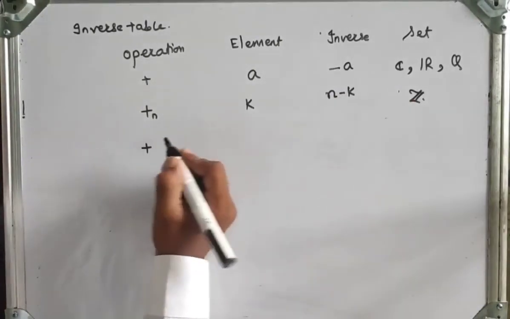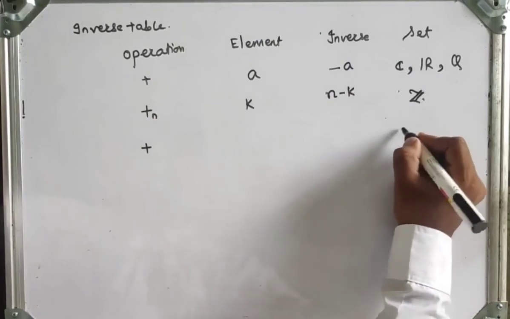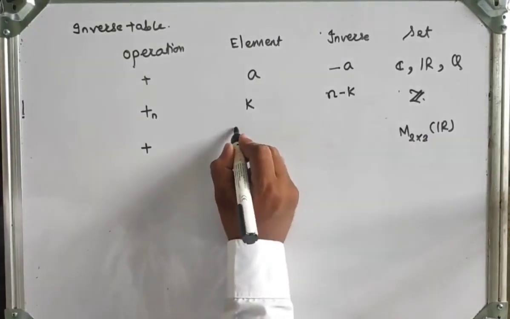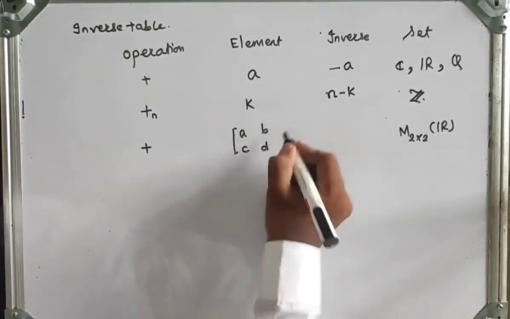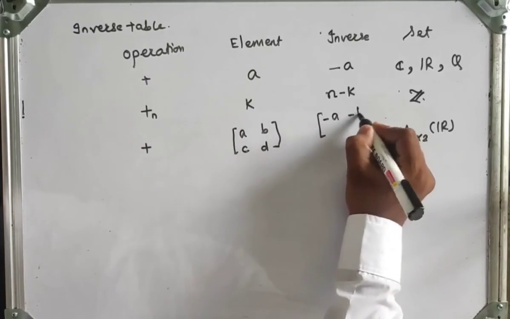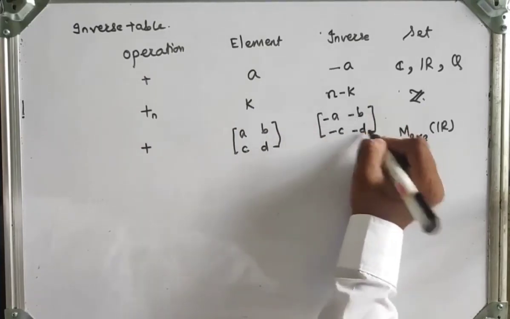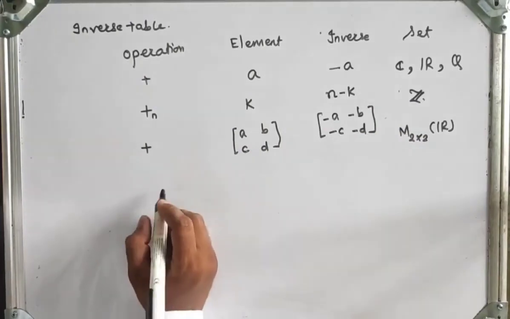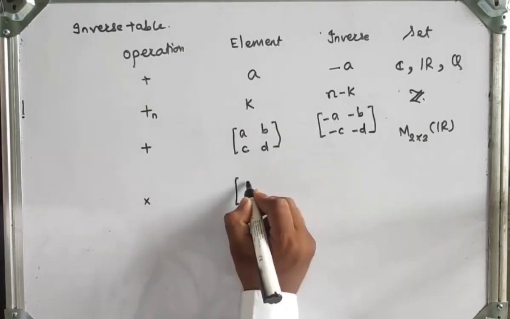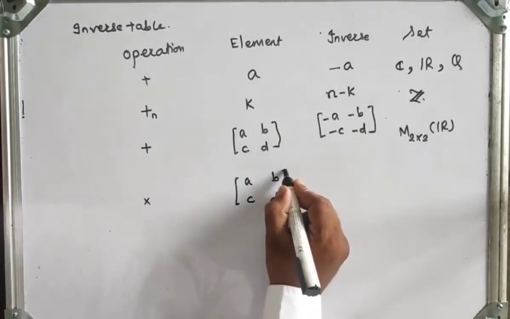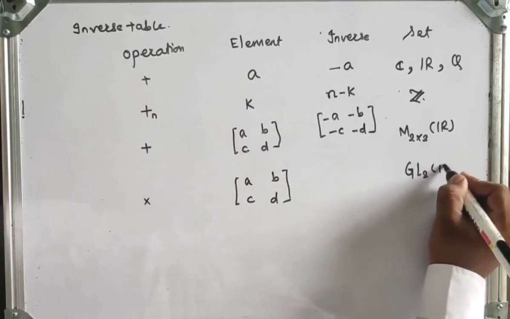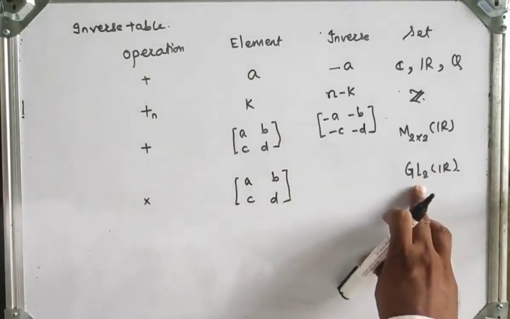Now under the addition operation, suppose I take the set of all 2 by 2 matrices over the entries R. We have seen, if I take element A B C D, the inverse element of A B C D is minus A, minus B, minus C, minus D. Under the multiplication operation, suppose I take element A B C D in the general linear group of all 2 by 2 matrices over the entries R. What is the property for general linear matrices?